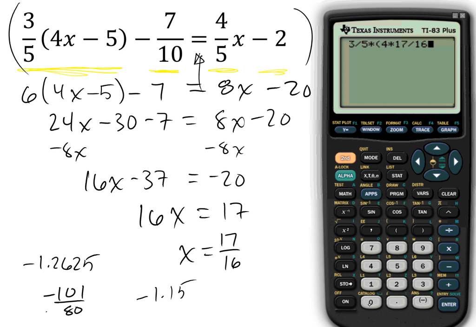That's 17/16, minus 5, close parentheses, minus 7 divided by 10. And enter. Oh! So I made a mistake entering the expression the first time on the left-hand side. So the left and the right-hand side are both negative 1.5. If I display that as a fraction, it's negative 23/20.